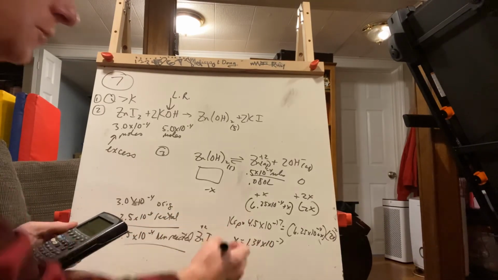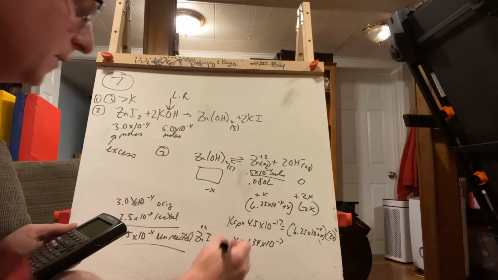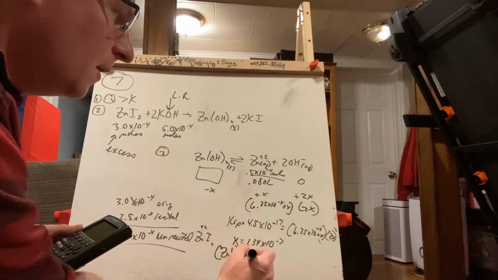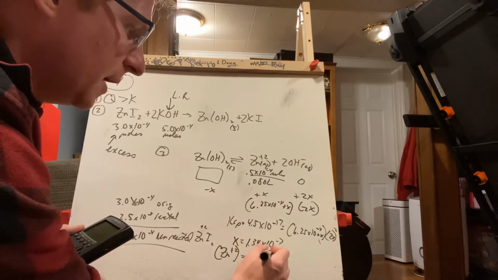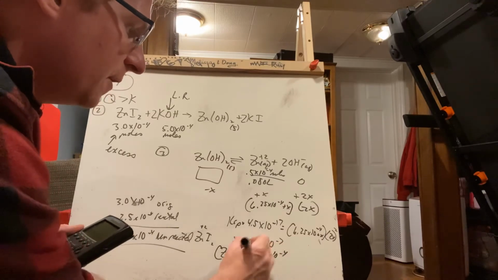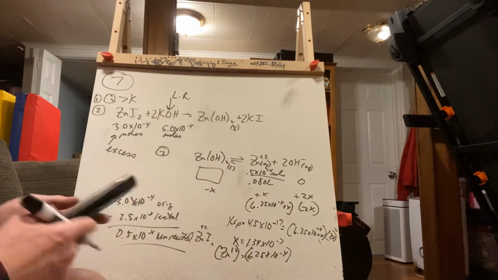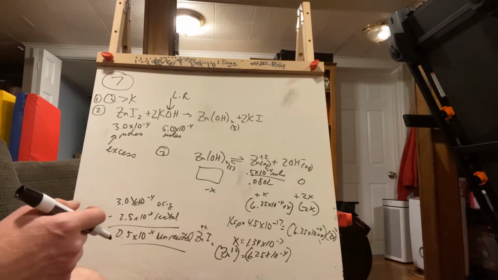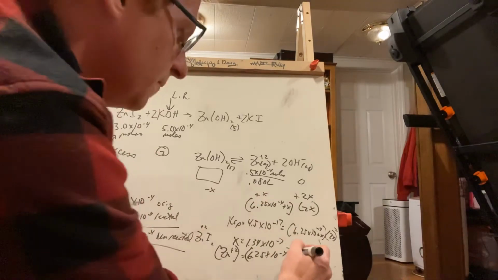My concentration of Zn plus 2 is going to be basically this 6.25 times 10 to the negative 4th, and then 2 times that number was 2.68 times 10 to the negative.